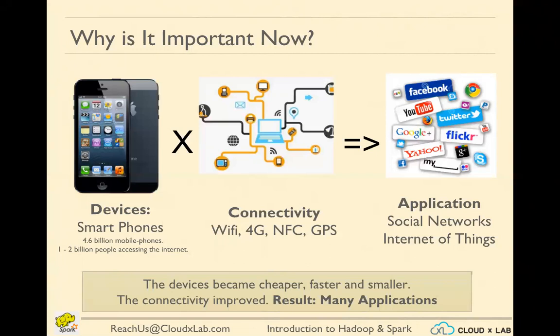Since devices as well as connectivity became omnipresent, it was possible to have many applications, and these applications started generating data. That's the reason why digital data started exploding exponentially since 2002.